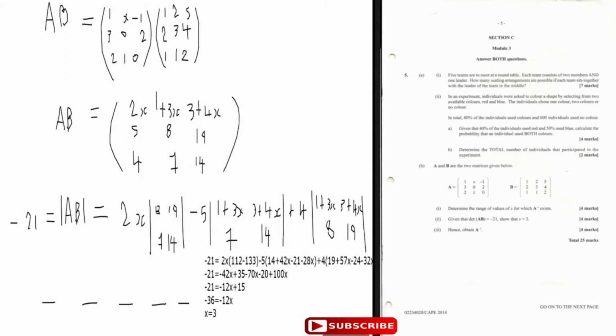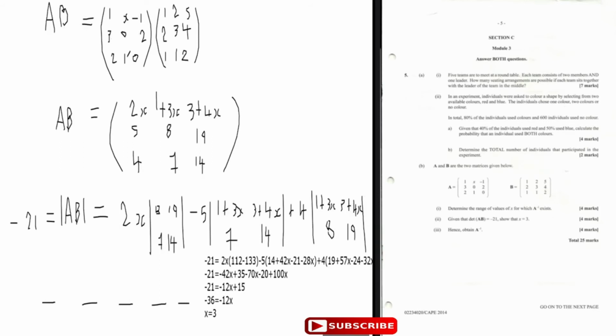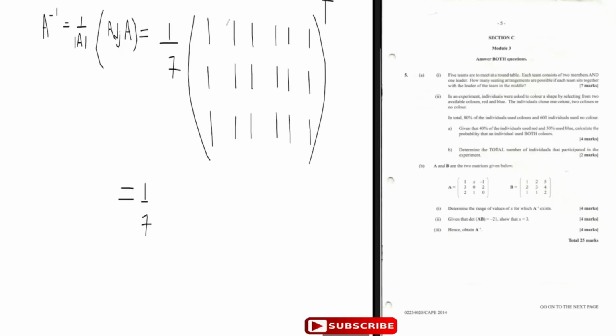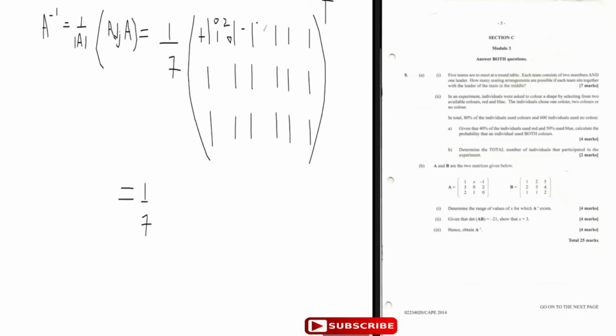The cofactor of 1 is going to be 0, 2, 1, 0. This is a plus. We have a minus here. Cross out this and cross out this. That is 3, 2, 2, 0.